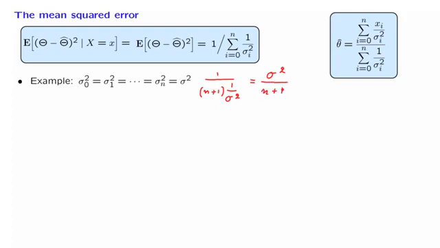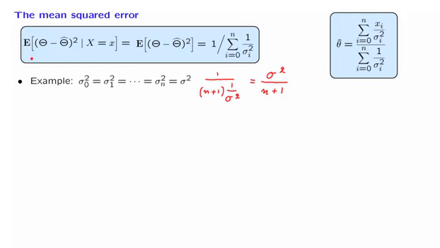This expression makes quite a lot of sense. It tells us that if we obtain more and more observations, that is, as n increases, we improve our performance. The variance of the posterior distribution, or the mean squared error, goes down in this particular way.